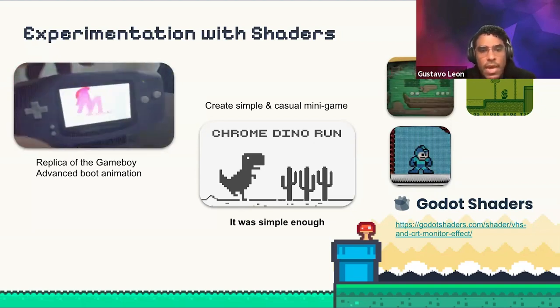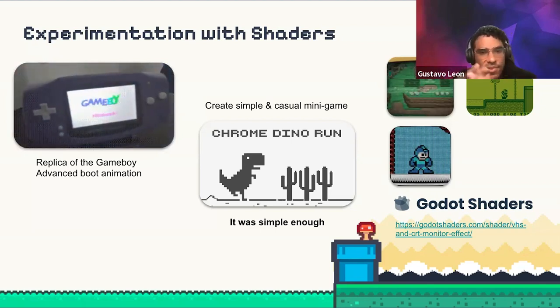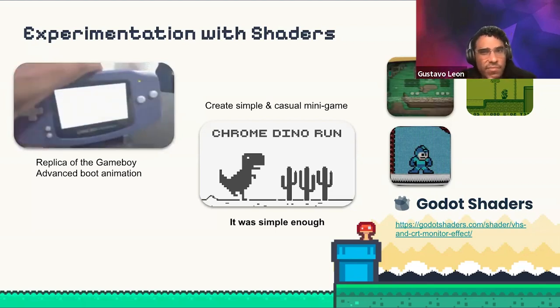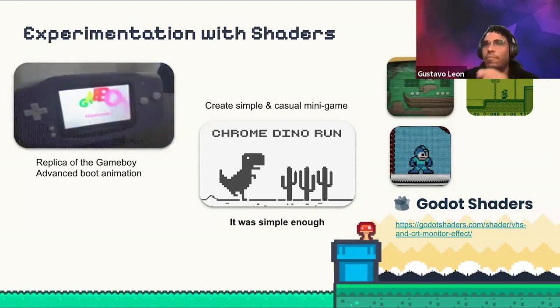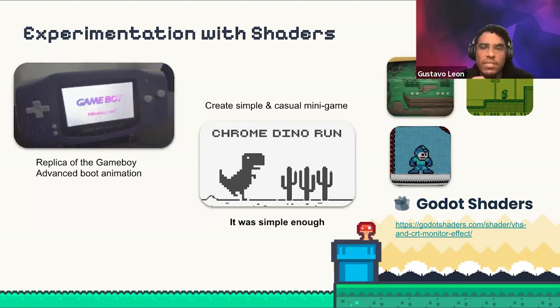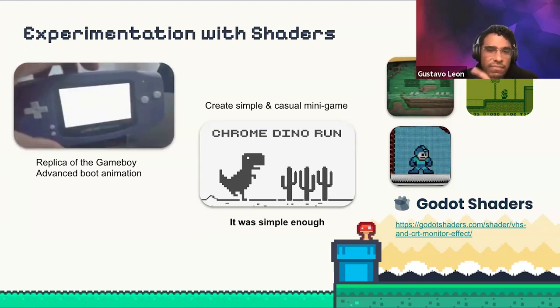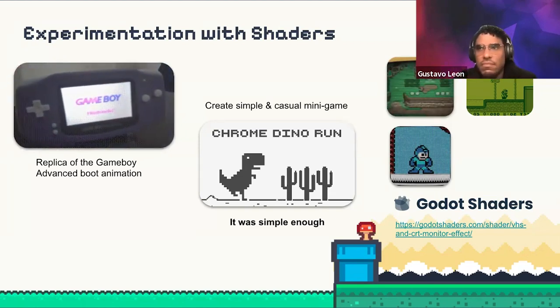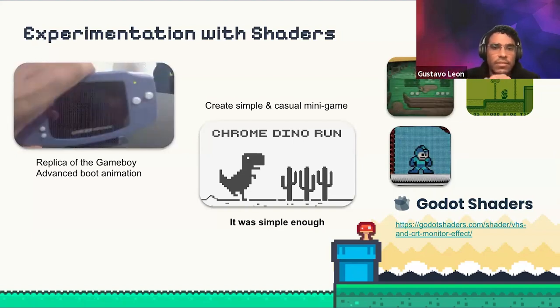I initially considered making a Flappy Bird clone, but that idea didn't convince me at all. We had already implemented it in some of the game jams we participated in previously. So I thought maybe another game would be a good candidate.